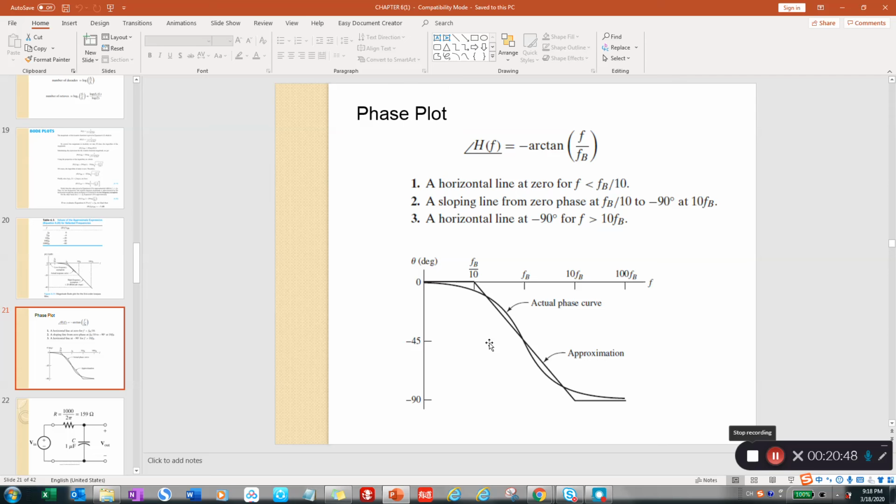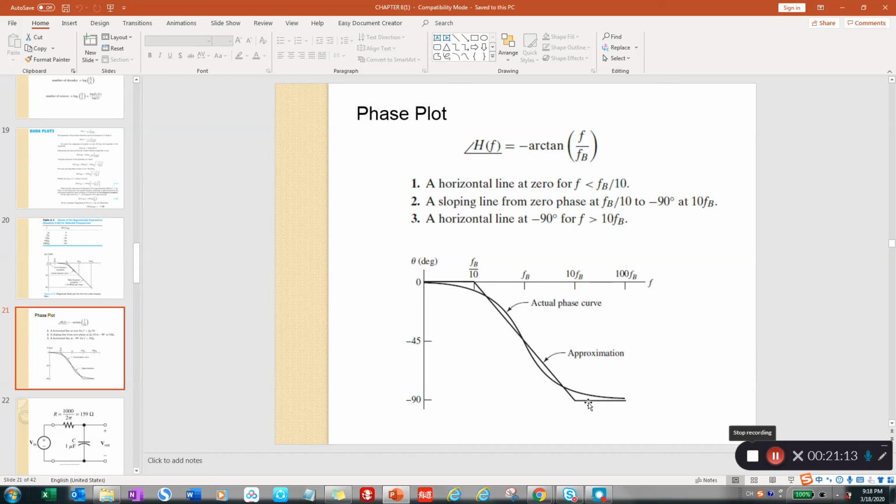We know these 3 segments of the straight line are in fact an approximation of the real Bode plot. The real Bode plot should be like a curve, but we can just use the 3-segment straight line to represent the phase plot.